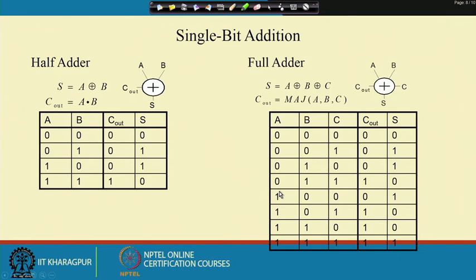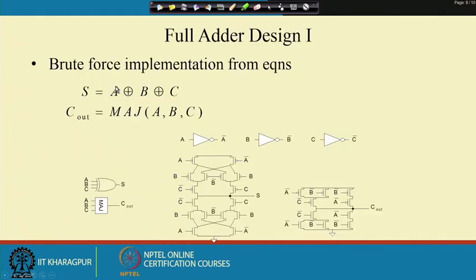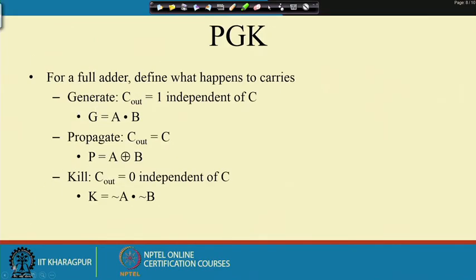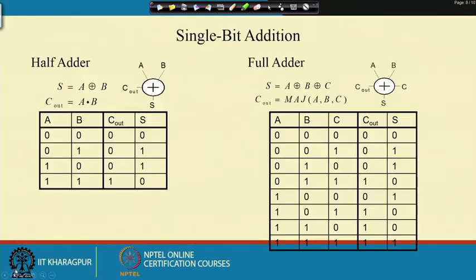If I go back here, what is the logic for sum? That is A XOR B, and for C out that is A and B. Why A and B? Whenever I am getting 1 and 1, only at that time C out is 1.